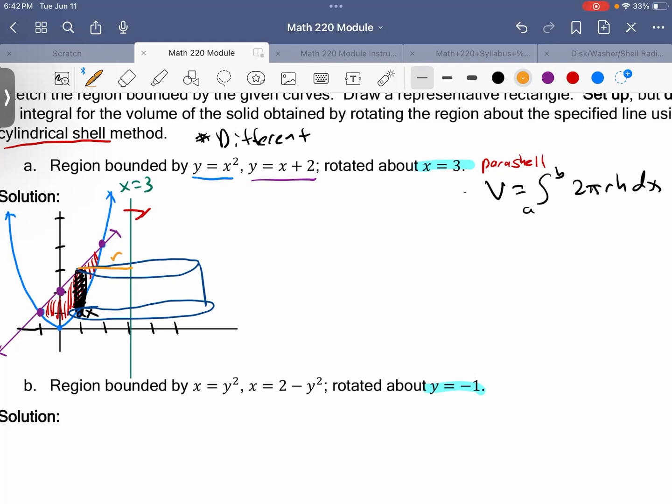So remember, this distance from here to here is 3.